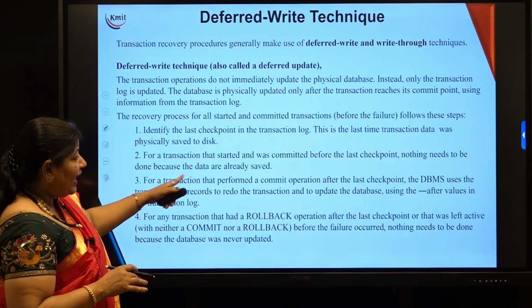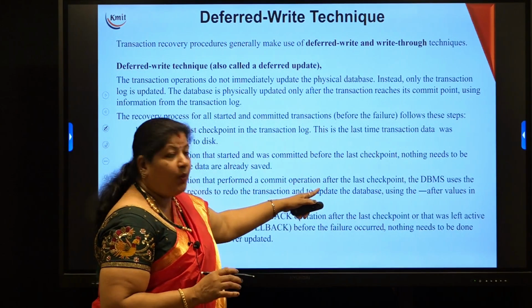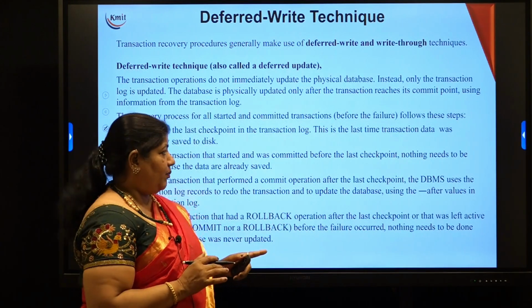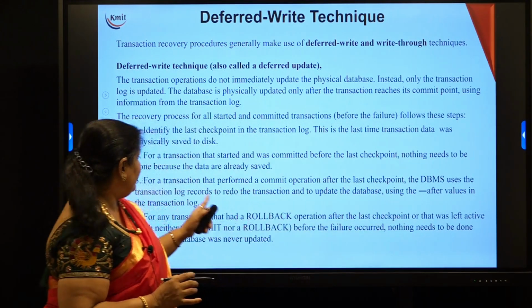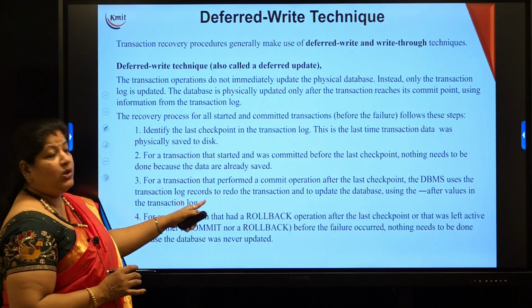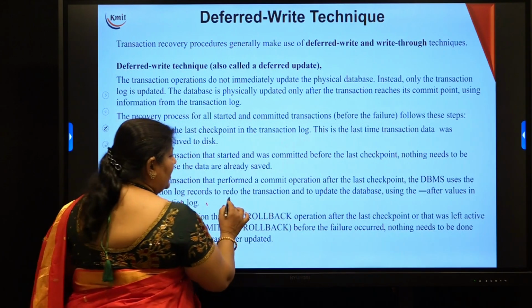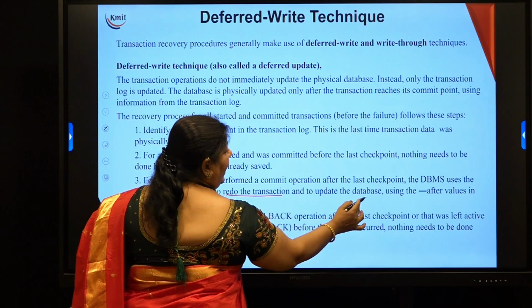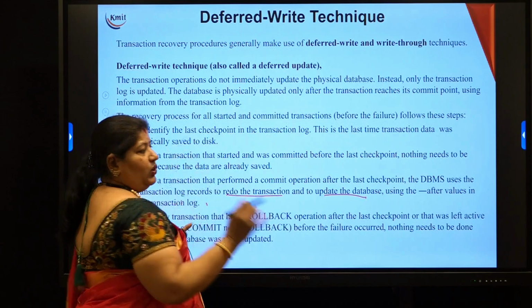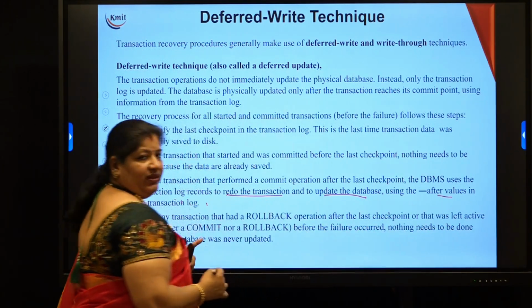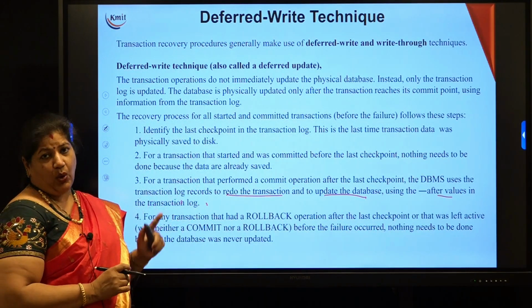But for a transaction that performed a commit operation after the last checkpoint, the DBMS uses the transaction log records to redo the transaction and update the database using the after values. This is what we understood as the redo operation.